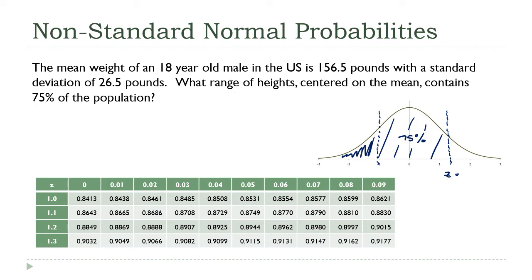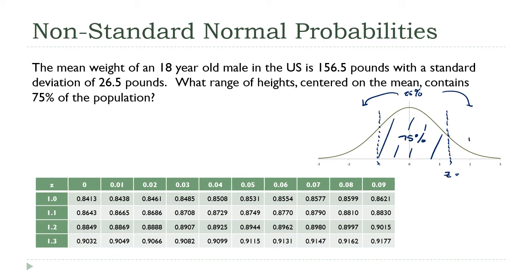So here's how I'm going to do this. If 75% of the data is here in the middle, that means 25% must be in these two outer tails put together. Because the graph is symmetric, the size of the left-hand tail and the right-hand tail are the same. Each of them has half of the 25%.